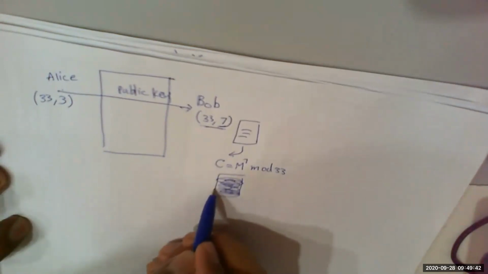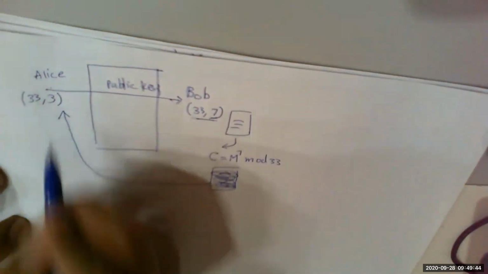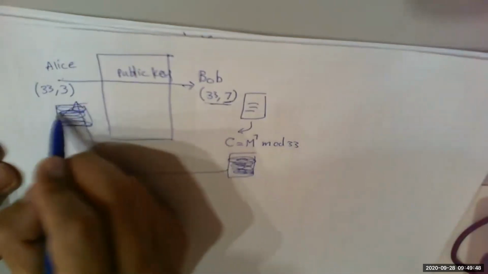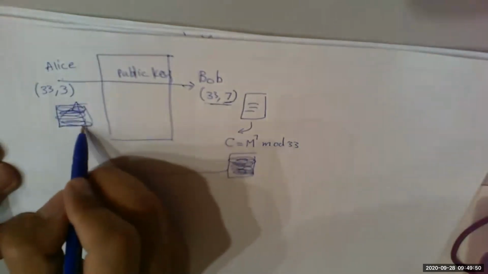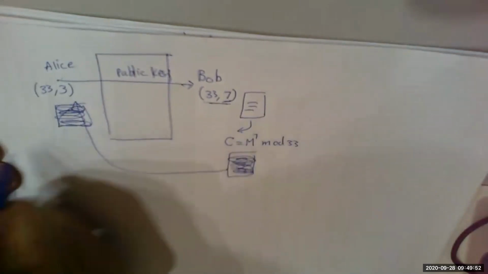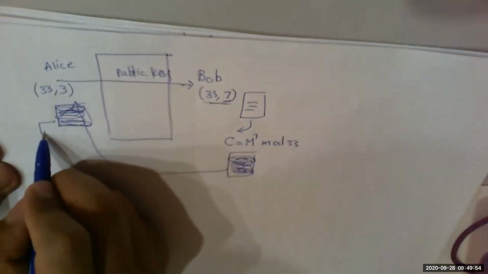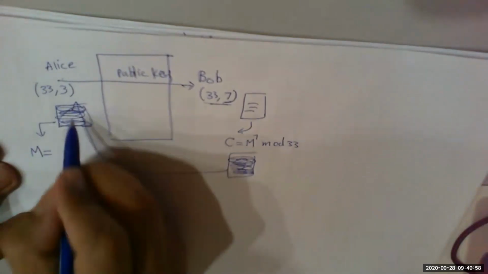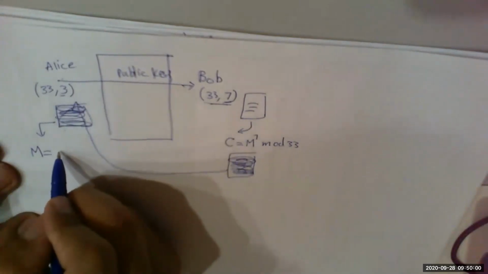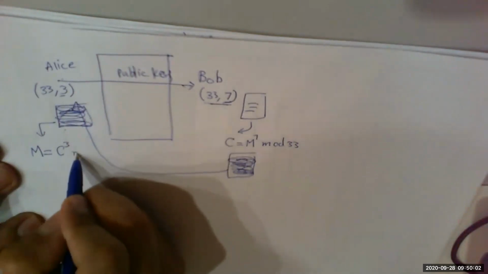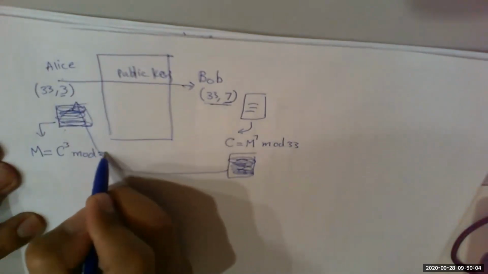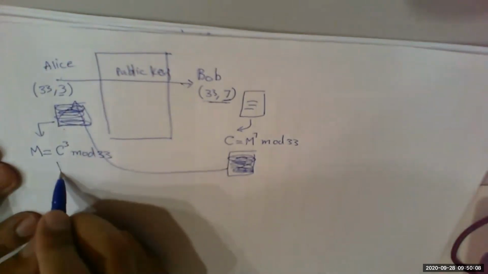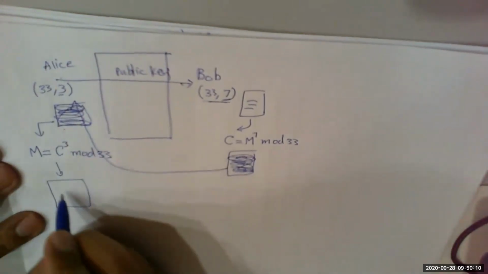This encrypted data is sent back to Alice. Nobody can understand what is inside, so we apply the opposite way around. We apply the private key, M equals C to the power 3 mod 33, to get the plain text back.